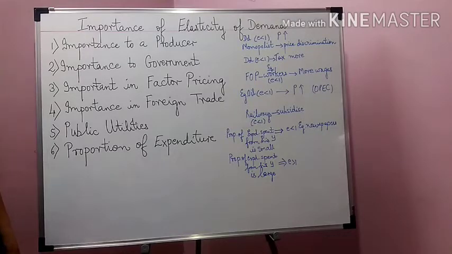Along with this, we have studied the important methods to measure elasticity of demand, which are ratio method, total expenditure method, and point method. Lastly, we saw the factors influencing elasticity of demand.